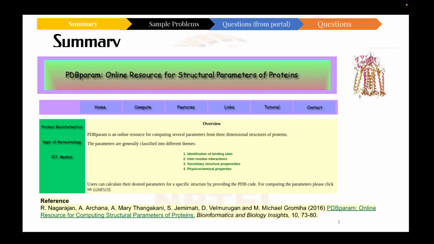The first class is physiochemical properties. These properties describe various characteristics of protein structures related to their chemical and physical properties.